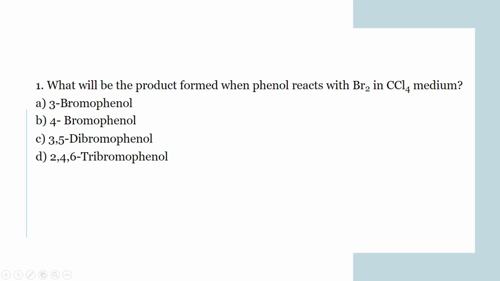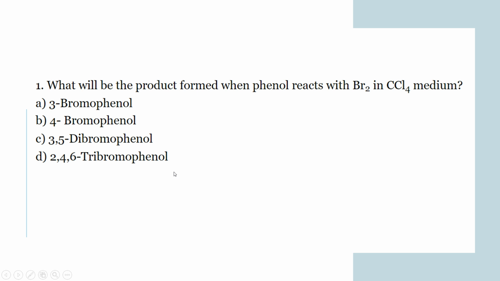So out of these, we can directly eliminate option A and option C, because these show the formation of meta bromination, which is not possible for phenol. So now we are left with option B and option D, 4-bromophenol and 2,4,6-tribromophenol.